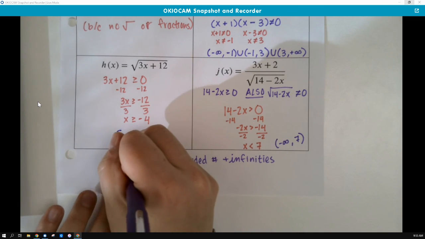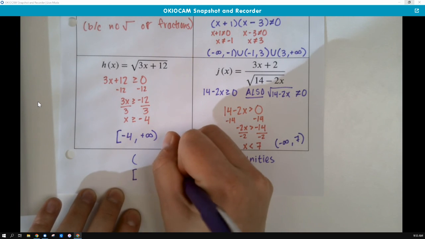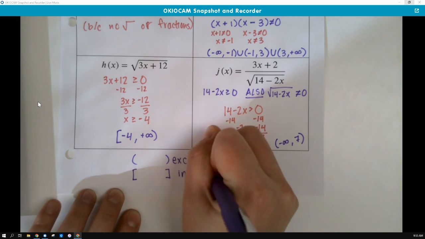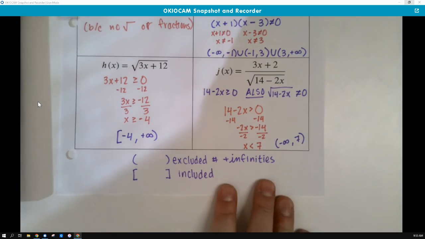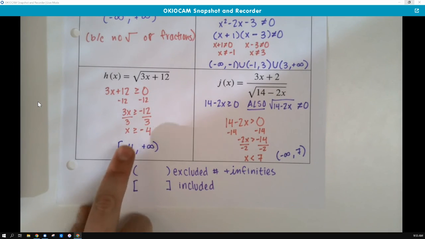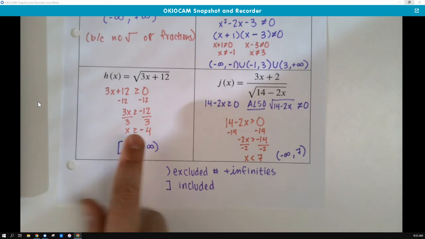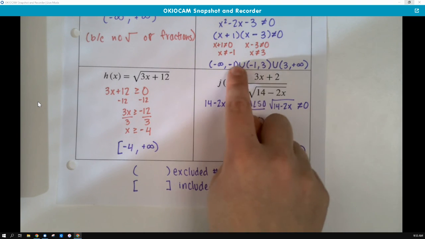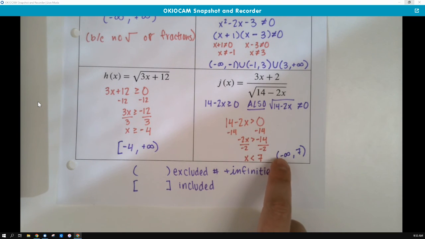And you use brackets if it's included. So we used a bracket here because it was okay to be negative 4 because it was greater than or equal to negative 4. And then we used parentheses here because we were excluding those values. And we used parentheses here because we couldn't be exactly equal to 7.